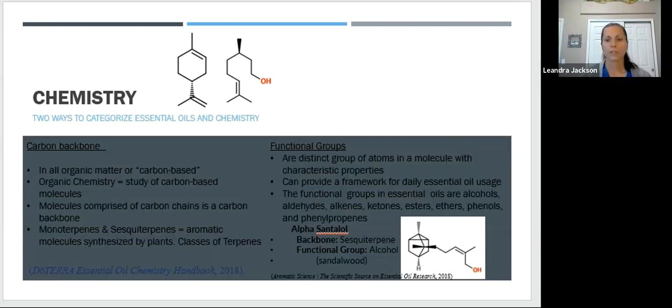The functional groups of essential oils are alcohols, aldehydes, alkenes, ketones, esters, ethers, phenols, and phenylpropanes. You don't have to really worry about all those words. We're not going to get into that right now. I'm just trying to get you to understand a little bit about the molecules, their structure, and that they do have cellular properties.